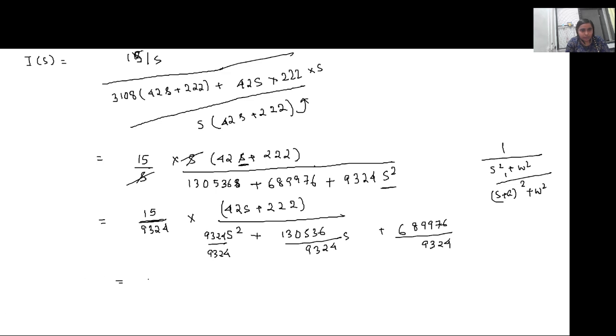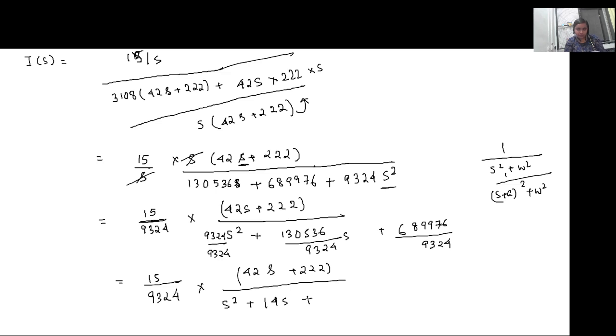So this comes out to be 15 by 9324 into 42s plus 222 by s square plus, let's do this, 130536 divided by 9324. This comes out to be 14s plus 689976 divided by 9324, 74.